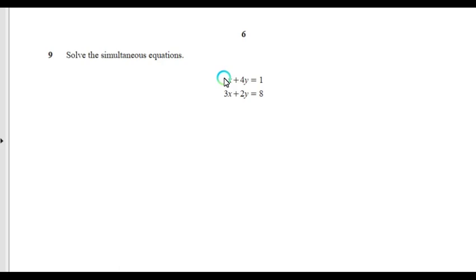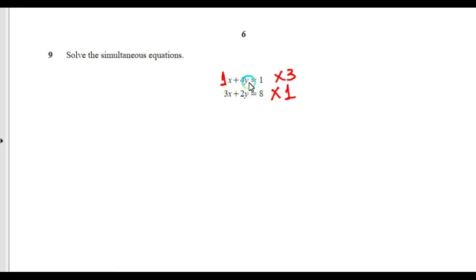You can see the coefficient of this x is 1 and the coefficient of this x is 3, so they are not equal. So to make them equal, multiply this equation by 3, which is actually the coefficient of the second, and the first equation we multiply by the coefficient in equation 2, which is 1, right?